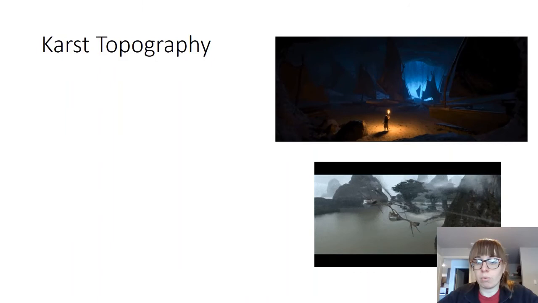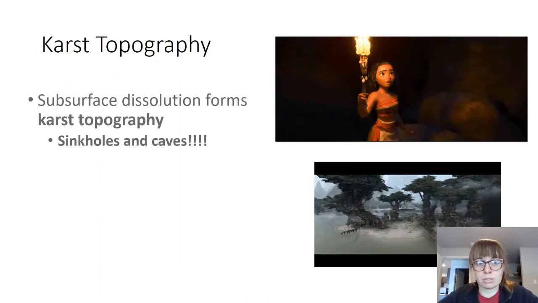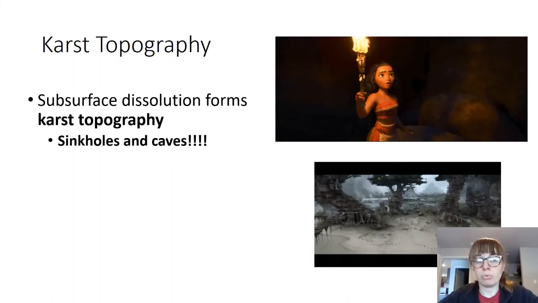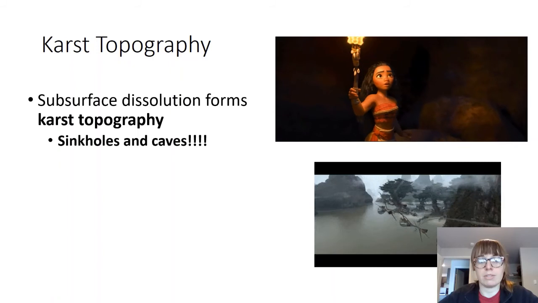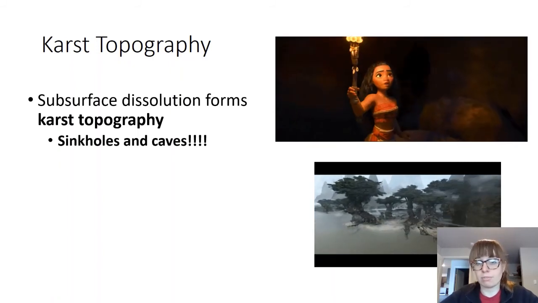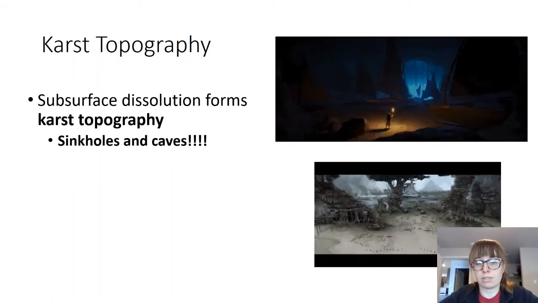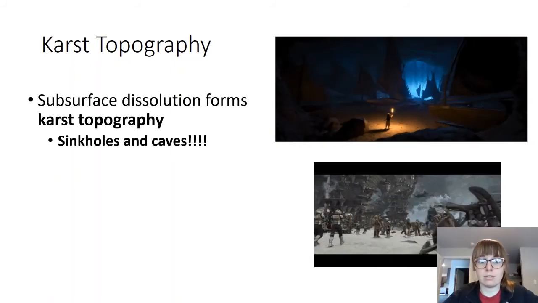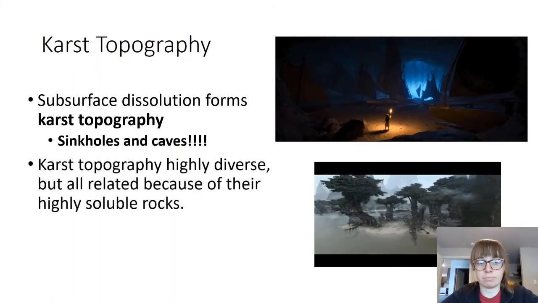When you're dissolving away lots of rock in the saturated zone, you get something called karst topography, which is super cool. The subsurface dissolution is forming sinkholes and caves. Lots of caves and sinkholes are formed through this dissolution process, and we refer to all of those things formed through dissolution as karst topography.